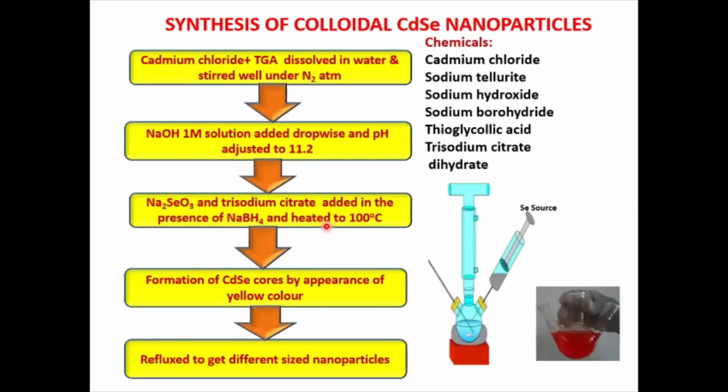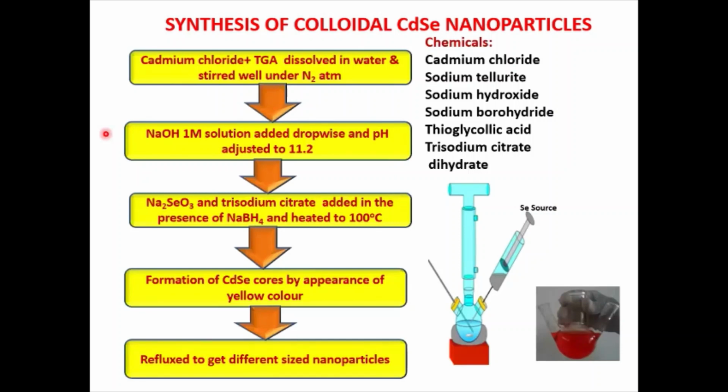I come to our work, which we did at our center, the Crystal Growth Center. This is the synthesis of cadmium selenide. We took precursors of cadmium chloride and selenium in thioglycolic acid, which is a surfactant and solvent.